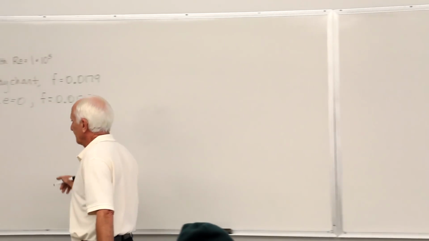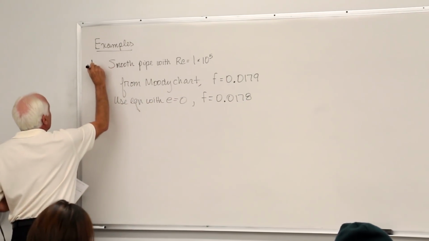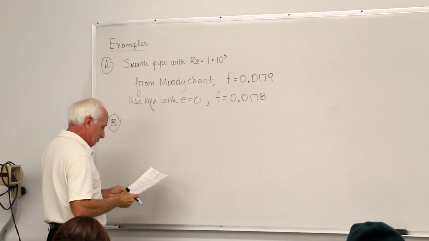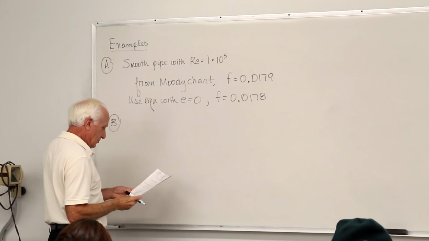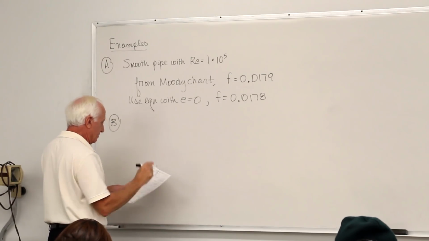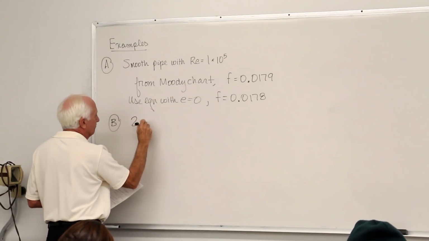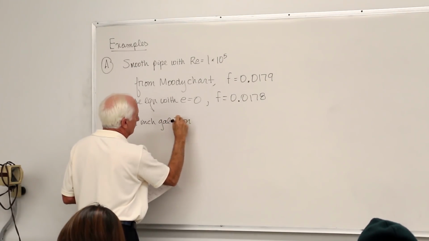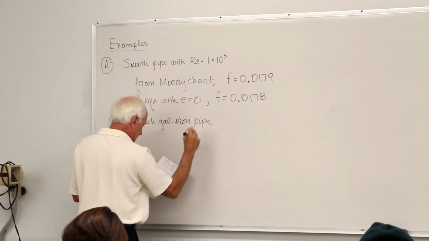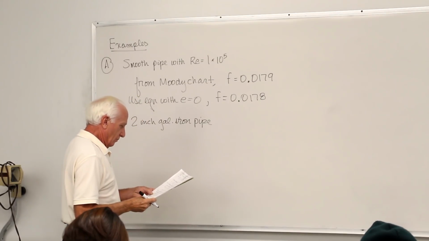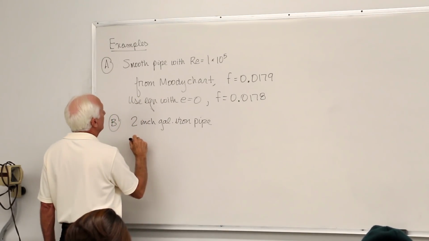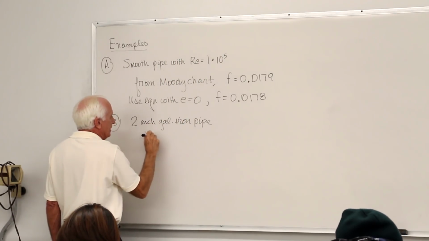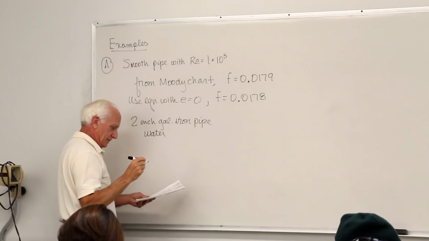Okay. Let's take a 2-inch galvanized iron pipe. Okay, water, it's water. By the way, you didn't know it was water, that's fine. This is water, we'll need to know that in this one.